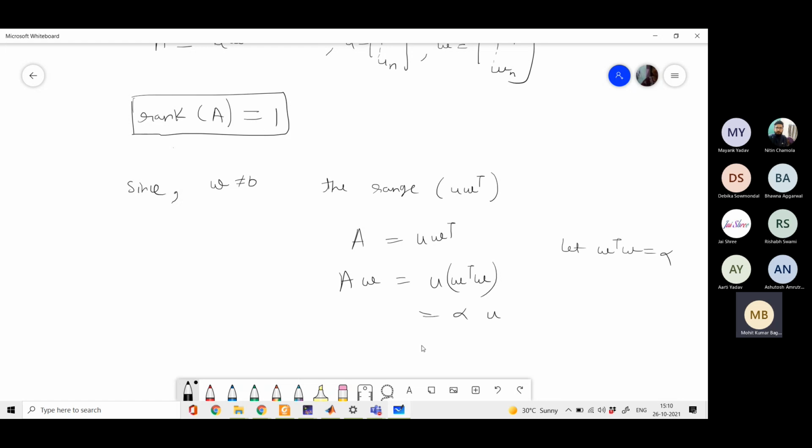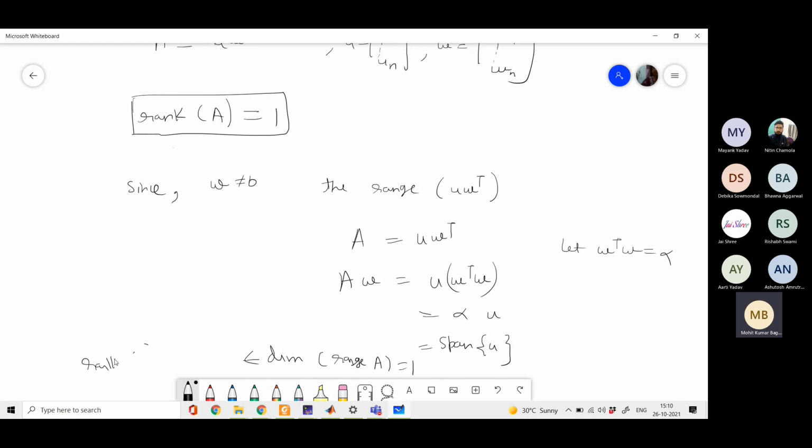So what you get is U, a span of U. So the dimension of the range space of A is 1, and by the rank nullity theorem, the null space of A has dimension n minus 1. From here you can say the rank of A is 1. Okay.